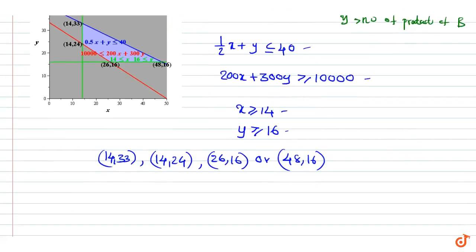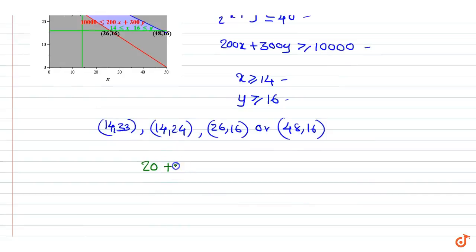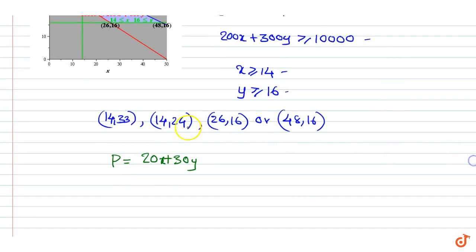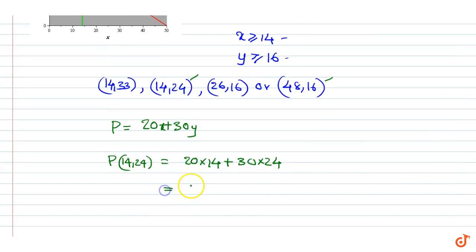Since here the profit is given by 20x plus 30y, the profit is maximum either at this point or at this point. So at this point the profit is P(14, 24) equal to 20 into 14 plus 30 into 24.